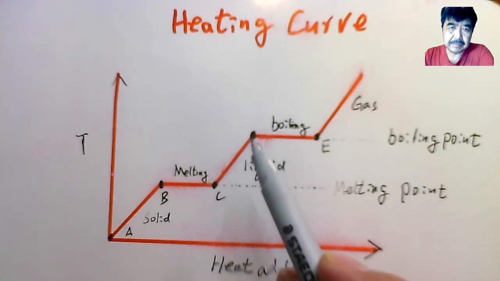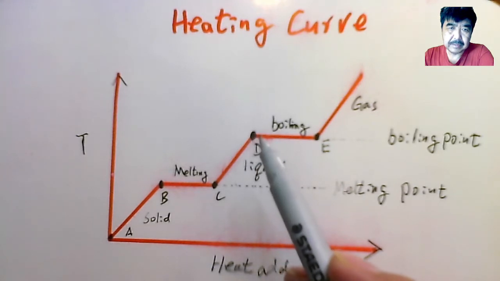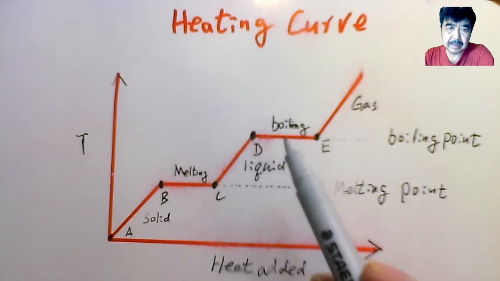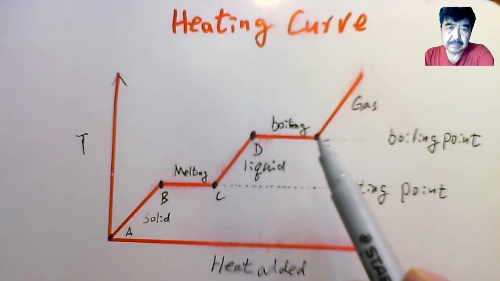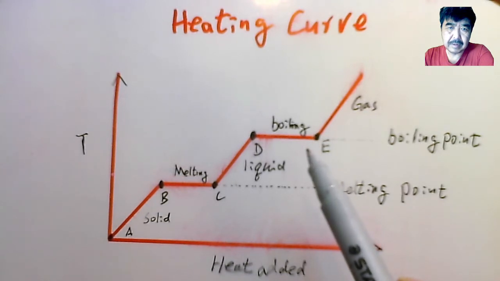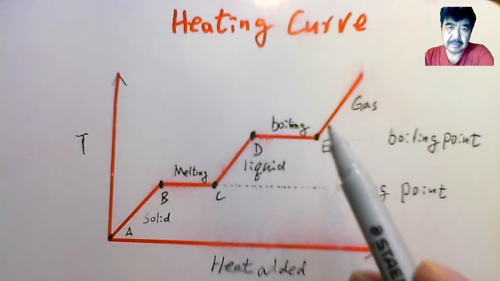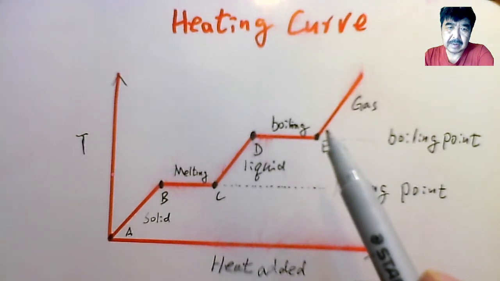Some liquid matter becomes gas. Then the temperature keeps constant. Although the heat continues to increase, the temperature keeps constant until point E. At point E, all the molecules become gas. Then the temperature starts to increase again when we add heat.